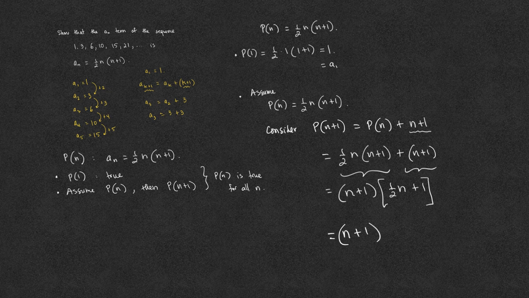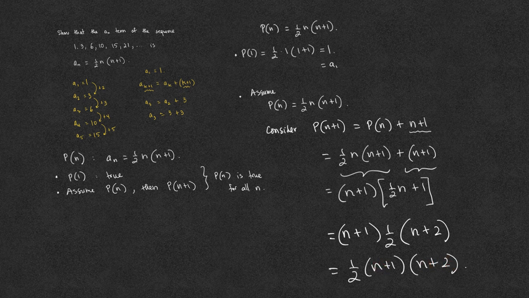If we factor out 1/2, then we end up with n plus 2. 1 half times n is 1 half n, and 1 half times 2 is 1. We can rewrite this as 1 half times n plus 1 times n plus 2, which is in the same form as 1 half n times n plus 1.